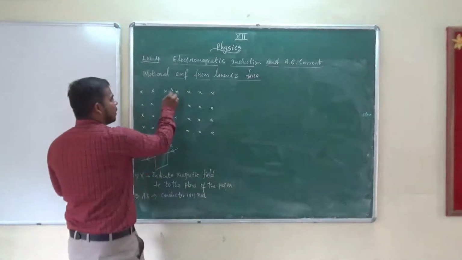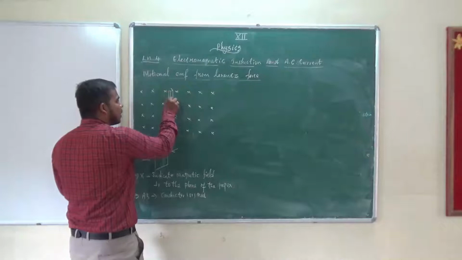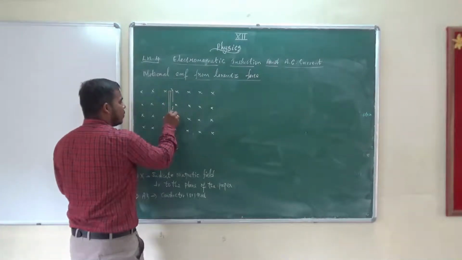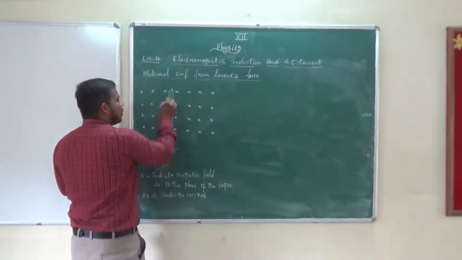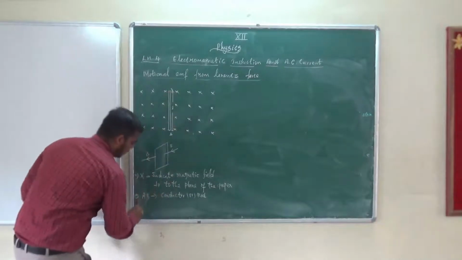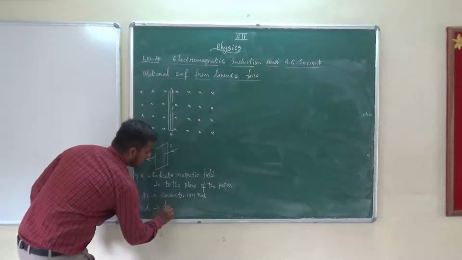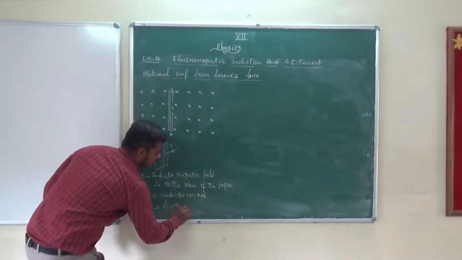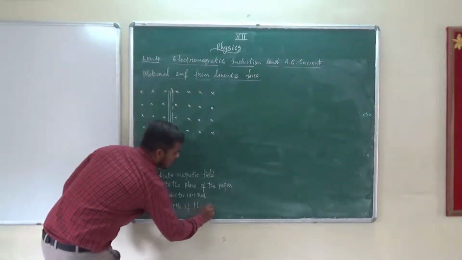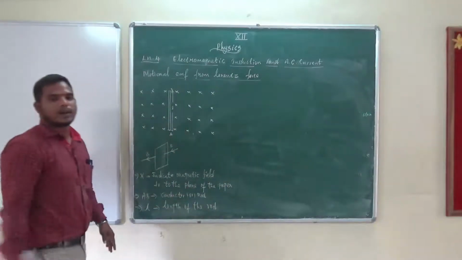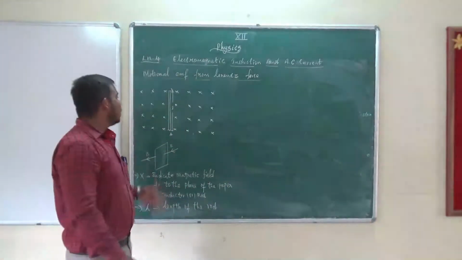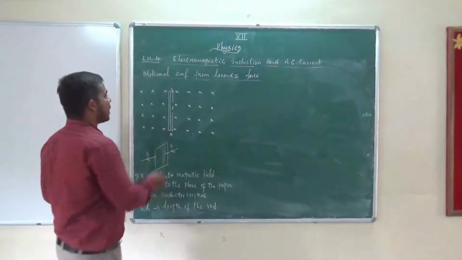The rod, or conductor, has length L. What does L indicate? L indicates the length of the rod. Okay, any doubt?